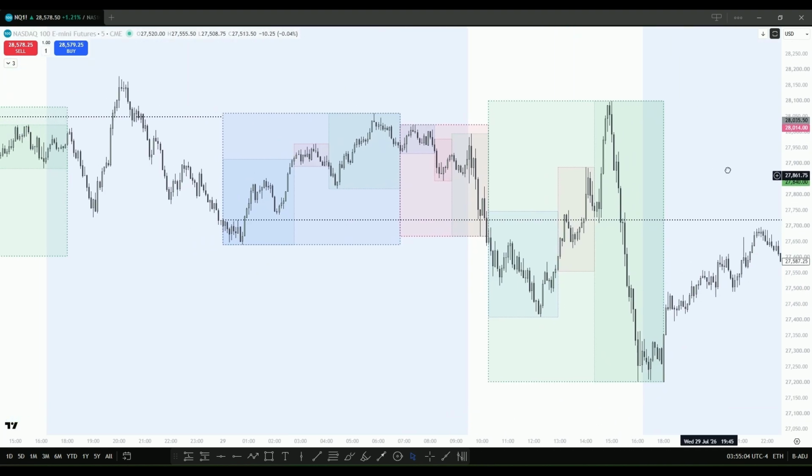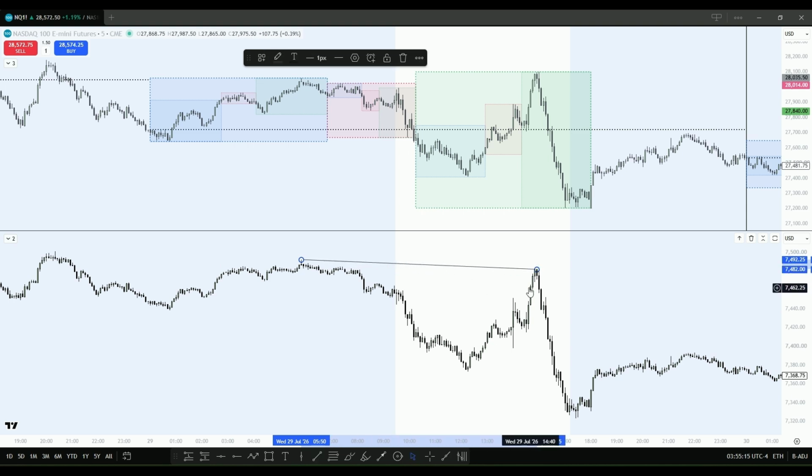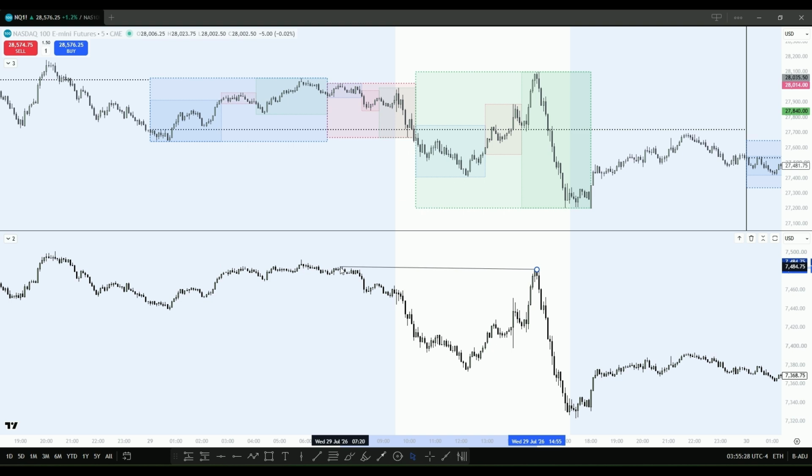So let me see quickly. Day before, what do we have here? On the day before, here is what I'm talking about. ES failing to take the high of this morning accumulation cycle, and also failed to take the high, by the way, of here, the high of the manipulation cycle.